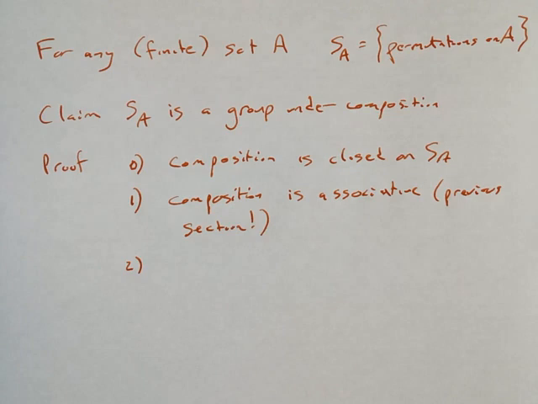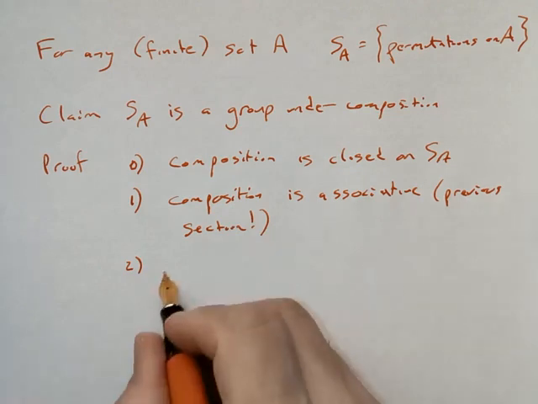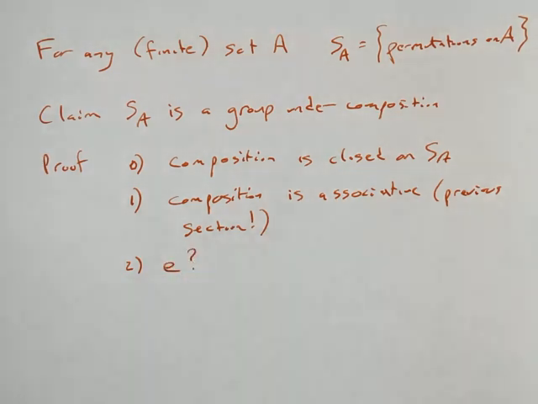I've got to do the identity first. So what's the identity? What function could I compose with sigma so that E composed with sigma gives me sigma, and sigma composed with E gives me sigma?